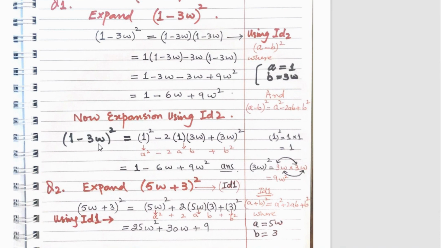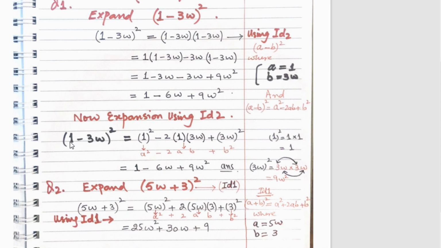Look at this. When it is said use identity to expand (1 minus 3w) square, then you will do it like this. Here in this question, first of all, we will look at the minus sign and whole square. It means the minus sign means this is ID2, (A minus B) whole square.